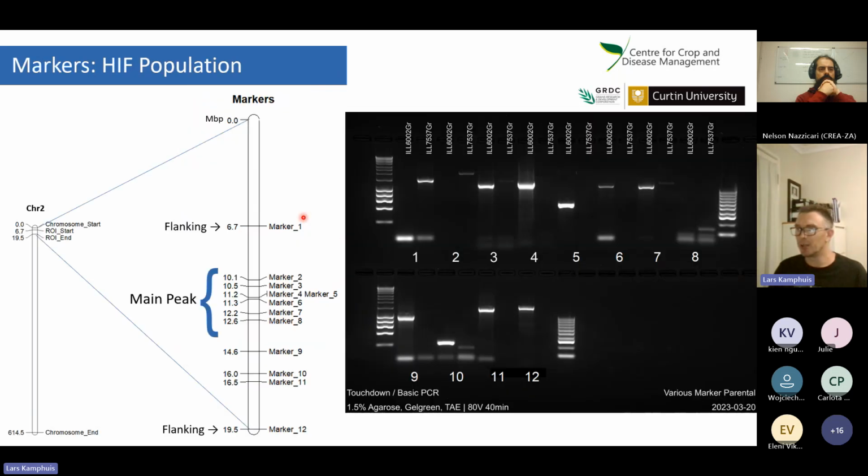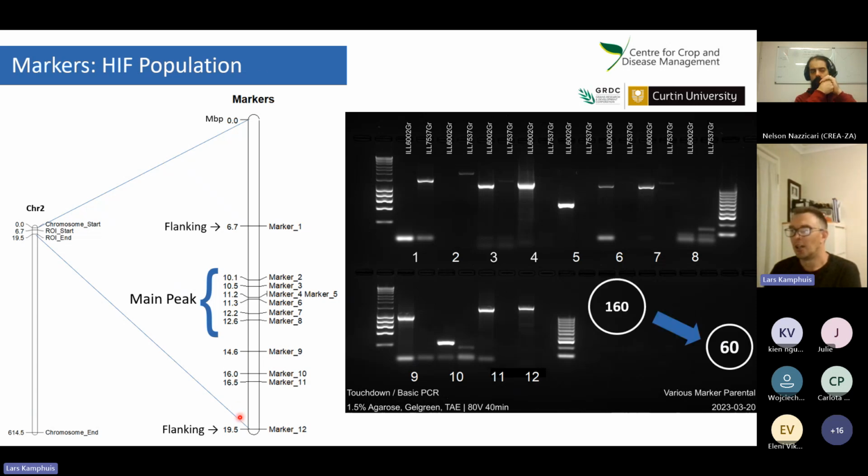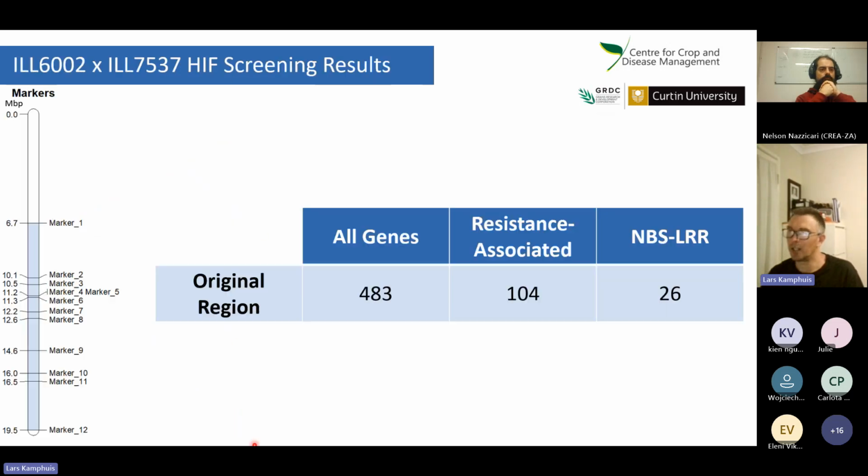We then genotyped those 160 individuals with markers that the PhD student M in our team generated, and that allowed us to further narrow down that region of interest. And what it allowed us to do is to narrow the 160 down to 60 that had different recombination events, as illustrated by the genetic map that you can see here, that allowed further fine mapping.